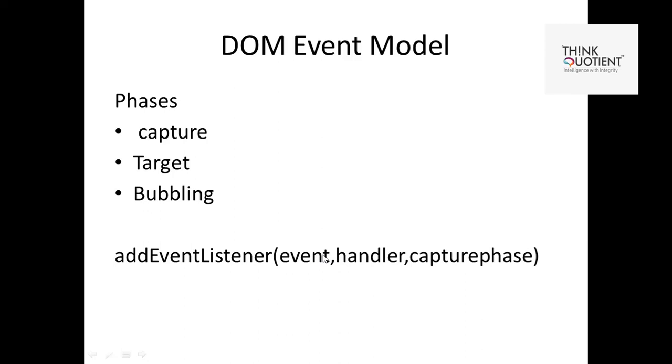When you see a bubble, it goes from the bottom to the top, and capturing is like when you capture a photo, that means your capturing starts from your camera till the destination, right? So bubbling means flow of execution from bottom to top, and capturing is the flow from top to bottom, right? So when you want the event captured in the bubbling phase, you have to specify false, and when you want your event to be captured in the capturing phase, it should have the value true.